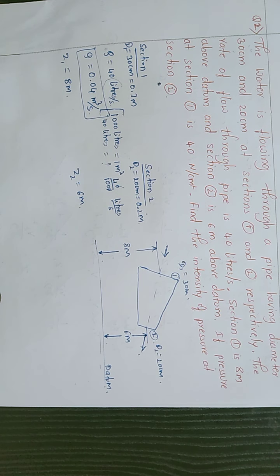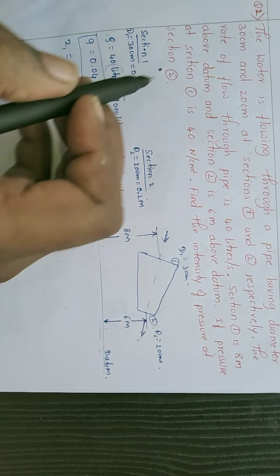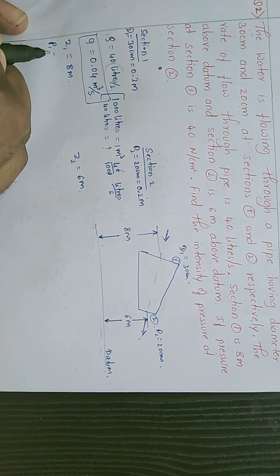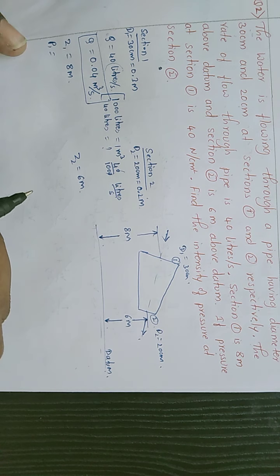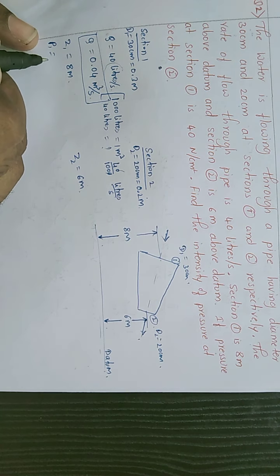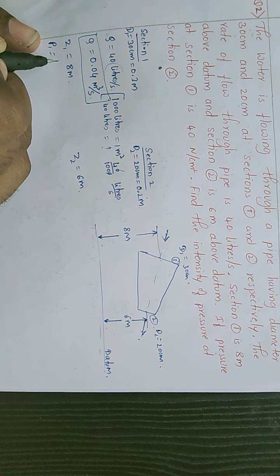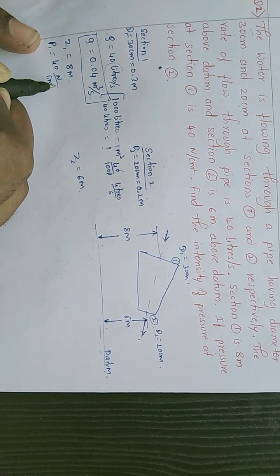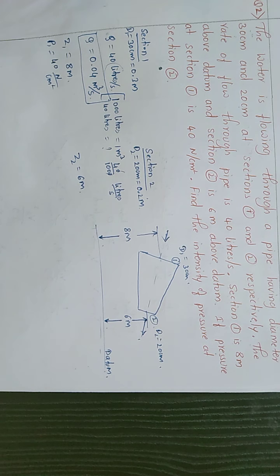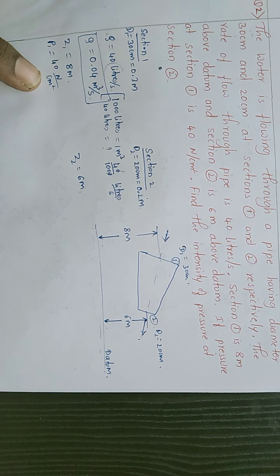Next, the pressure at section 1, P1, is 40 newtons per centimeter square. Now we have to convert this centimeter square into meter square.